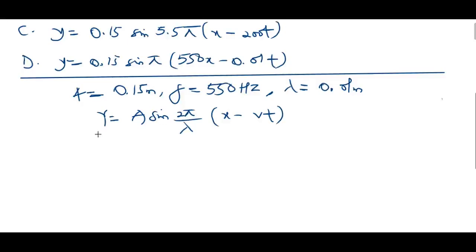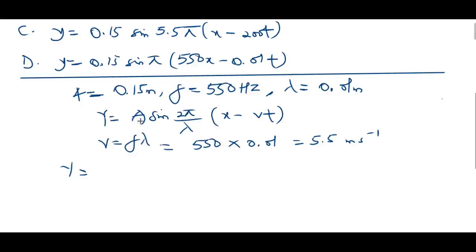We don't have v, so we need to find v. V, which is wave speed or velocity, is f lambda, and that is 550 multiplied by 0.01. 550 times 0.01 is 5.5. So this is 5.5 meter per second. So anywhere we see v, we can now put 5.5. So let's go back.